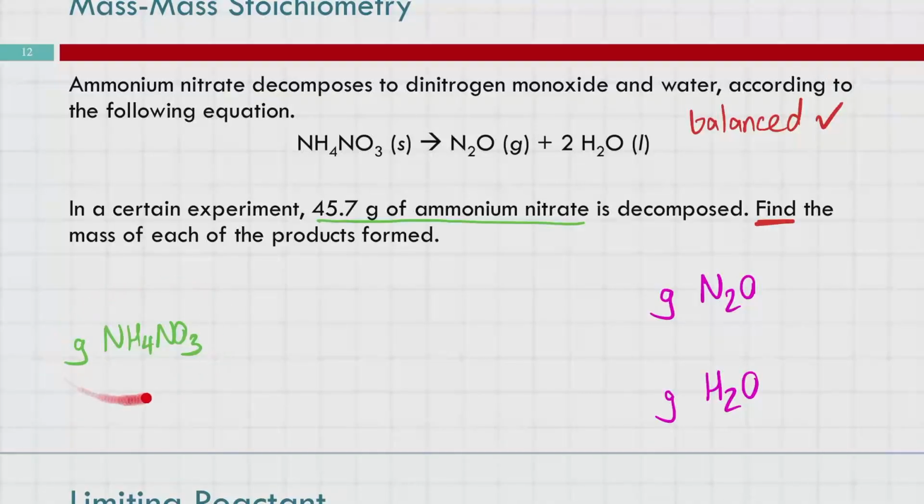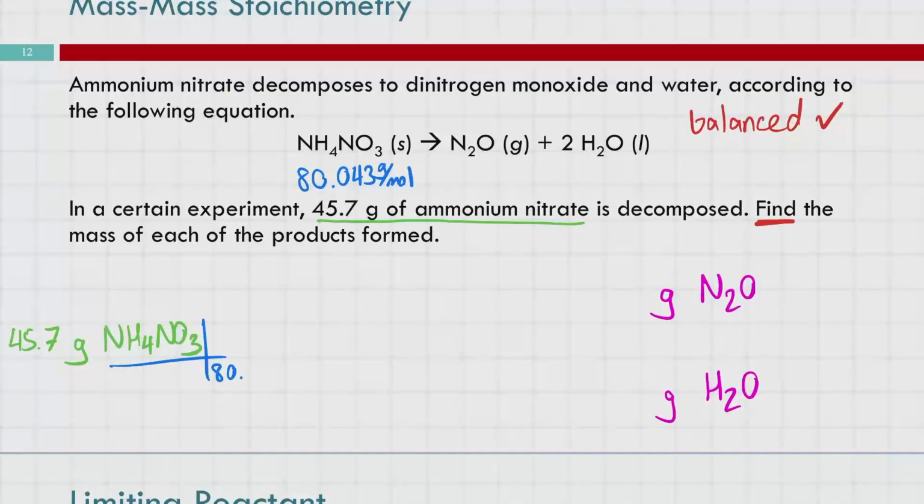What can we do with grams of ammonium nitrate? What might our first step be? I'm hearing murmurings of moles. We can turn it into moles. So 45.7 grams, our molar mass, 80.043 grams per mole.